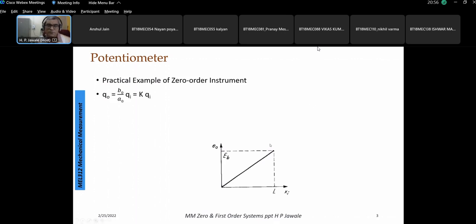Here we found that the characteristic equation for the potentiometer as a measurement system will be given in the form of the output equals the ratio of B0 by A0 times Qi, where K is again the static sensitivity of the potentiometer. Then the output EMF will be proportional to Xi by L times EB. So this is nothing but K times EB.